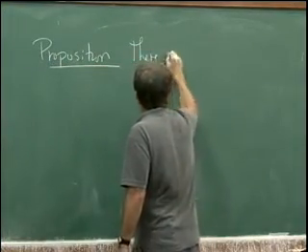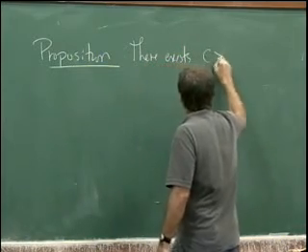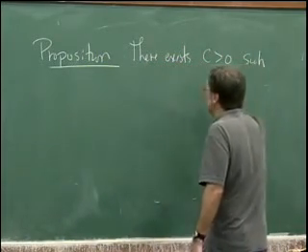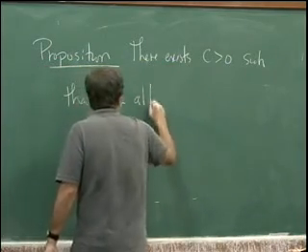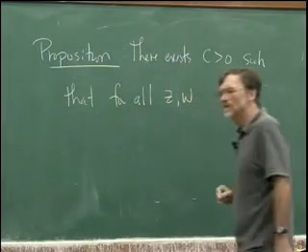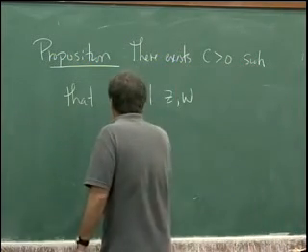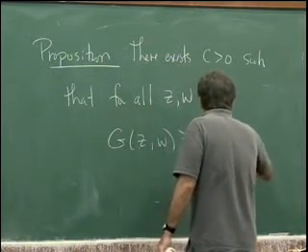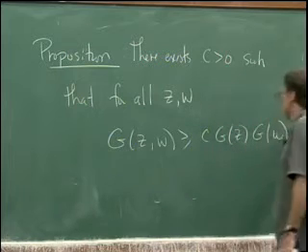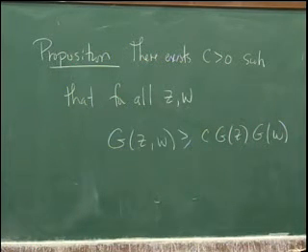There exists c greater than 0 such that for all z and w, G(z,w) is greater than or equal to c G(z) G(w). So the probability of going through both z and w is at least the probability of going through z times the probability of going through w.